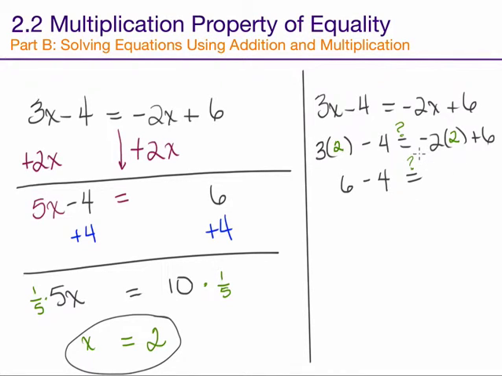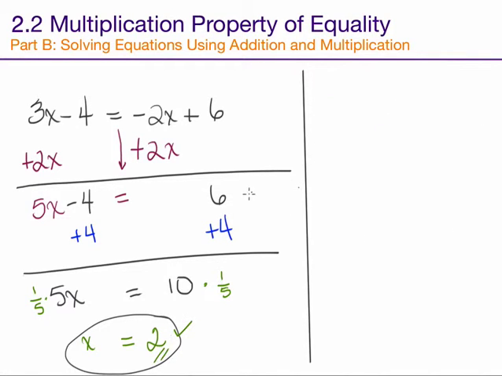And on the right-hand side, I have negative 2 times 2. Is this a true statement? Does 6 minus 4 equal negative 4 plus 6? It sure does. That means the answer I found, the number I'm checking, 2, is the correct answer.